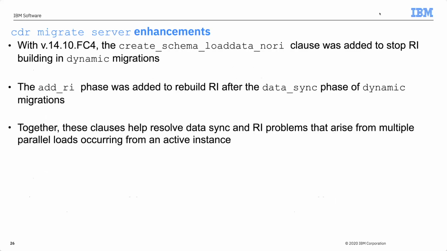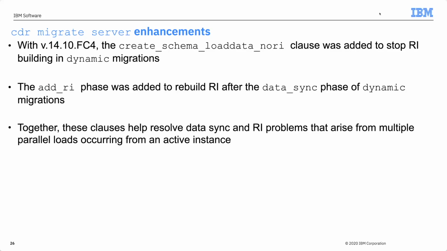So what we did in FC4 was create a new clause, a new phase, if you will, that says not just create schema load data, but create schema load data without referential integrity. And this will prevent these RI problems from occurring in dynamic migrations. Now, if you're in static mode, it doesn't matter because there's no data changing on the source, so you're going to get everything in the proper order.